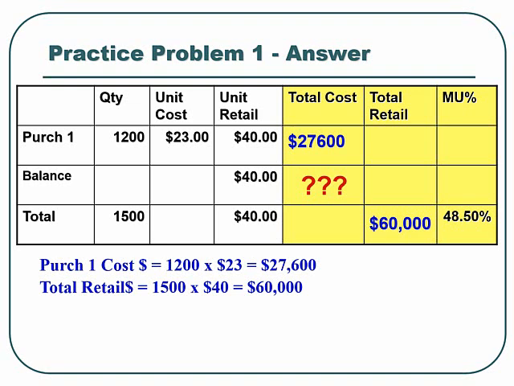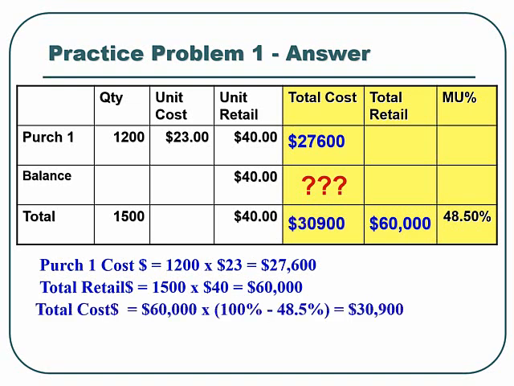That will be cost equals R retail times 100% minus markup. So let's apply this logic here. So the total cost for the total merchandise will be the retail of $60,000 times 100% minus 48.5% markup. It will be $30,900 for the total cost of the total.